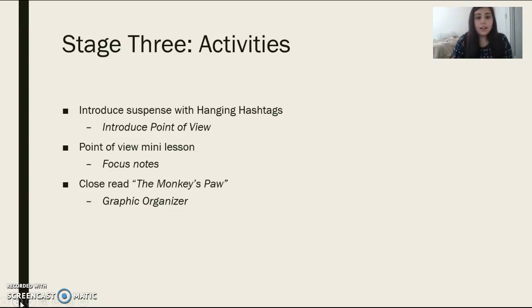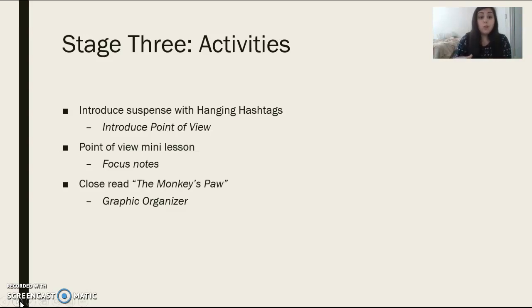And then we'll use that to segue into point of view. We'll take that ominous picture and then show that same image, but from other points of view, and describe how that changes the way it affects us.